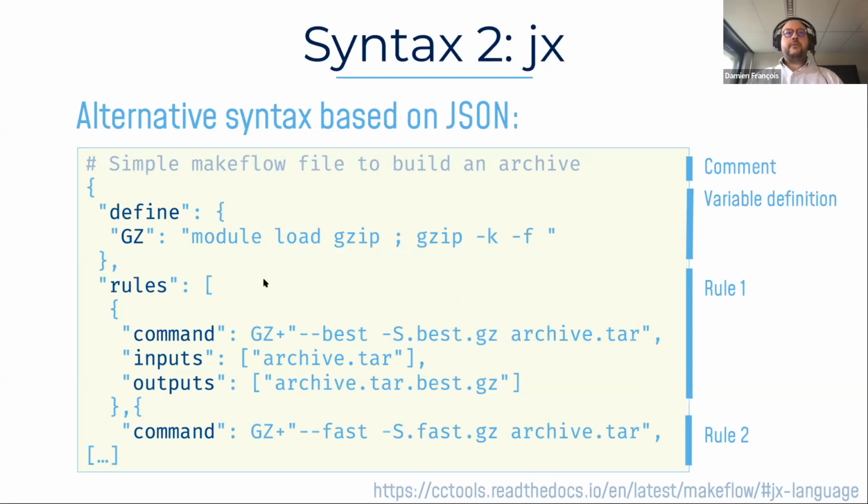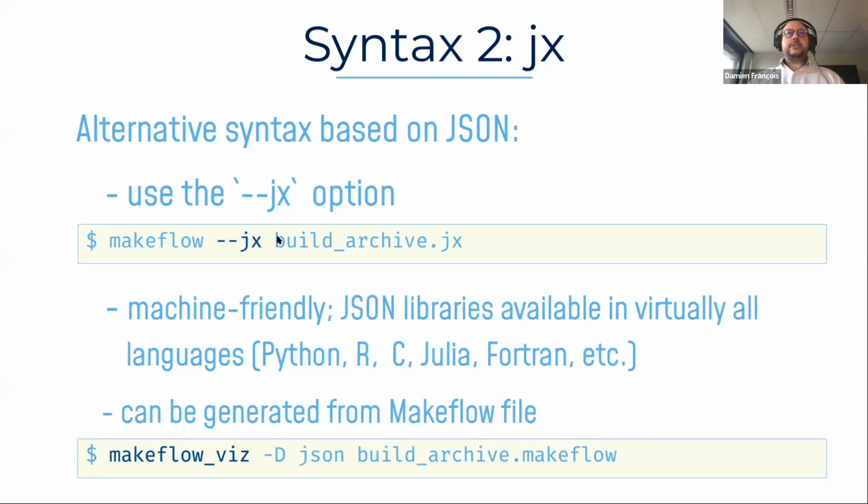If your workflow is defined as a JSON file like this, you can use a --jx option to specify that the file here is not a usual Makeflow file, but a JX file. There's an X here because actually it's an extension of JSON, and we show an example just afterwards.